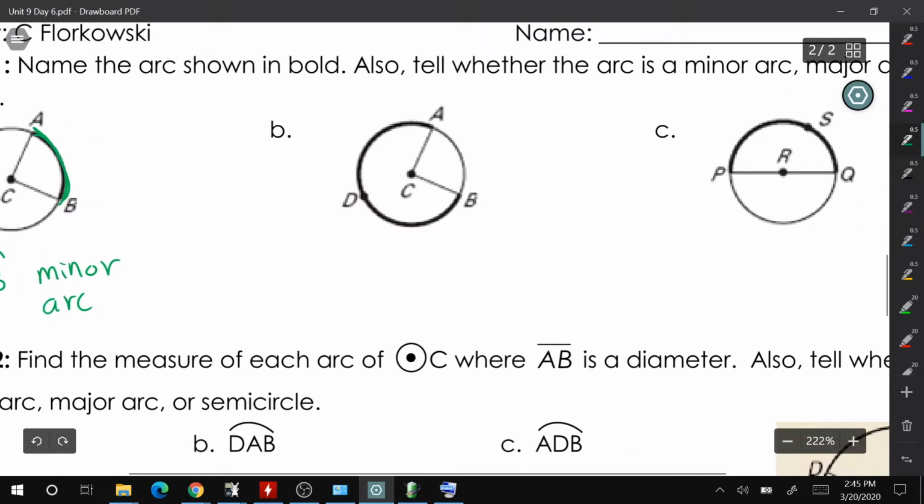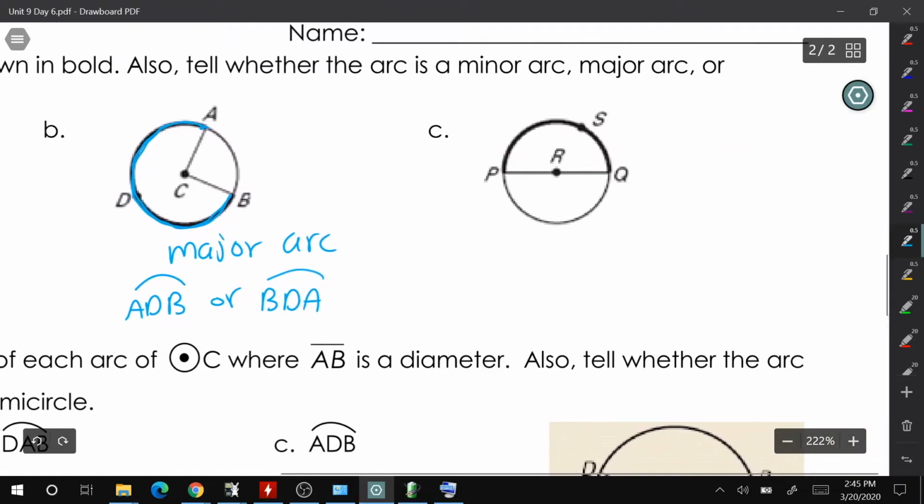Letter B, the arc here in bold is ADB. So this is a major arc because it is larger than 180 degrees, and we would say that that is arc ADB. Or you could call it arc BDA. It's the same thing.